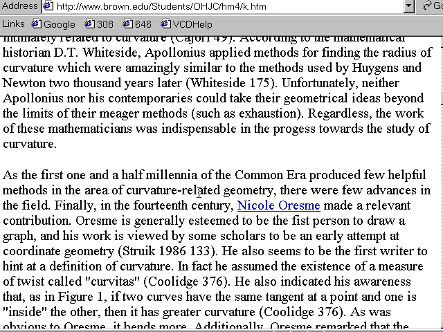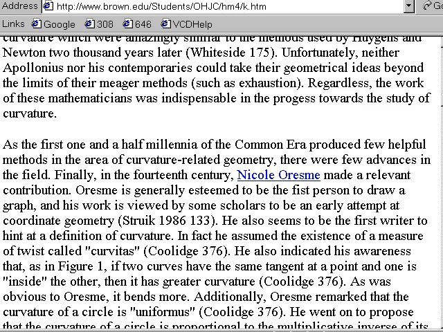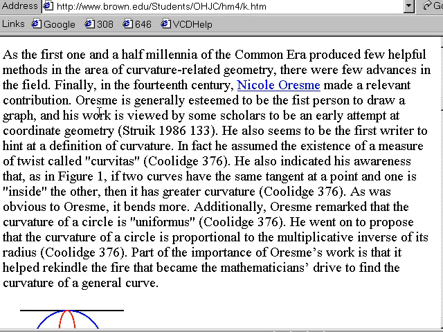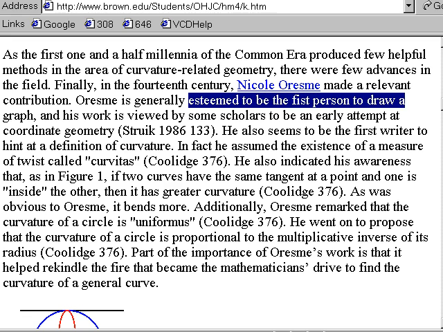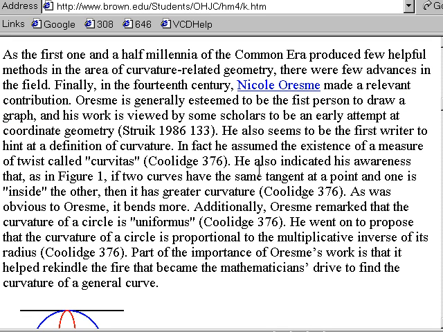Apollonius, who dealt with solid geometry, had the idea of conic sections and normal lines. And for about 1,500 years, nothing much happened until the 14th century, when Nicole Oresme, this is an interesting quote, has generally been determined to be the first person to draw a graph.